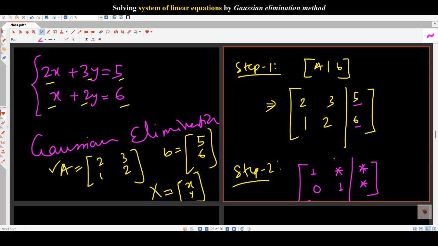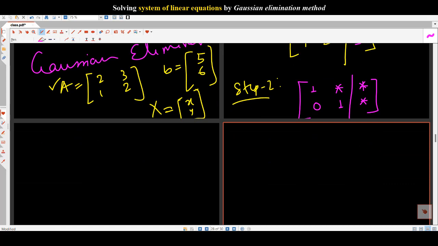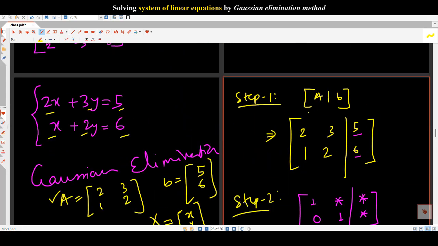So after then, let's say step 3 says that form again equations. You know that this column will be for x. Have a look. In x column you have 2 and 1. So in x column we have 2 and 1. In y column we have 3 and 2. So this is y column.